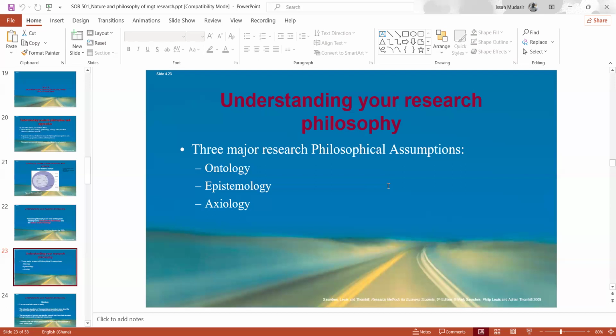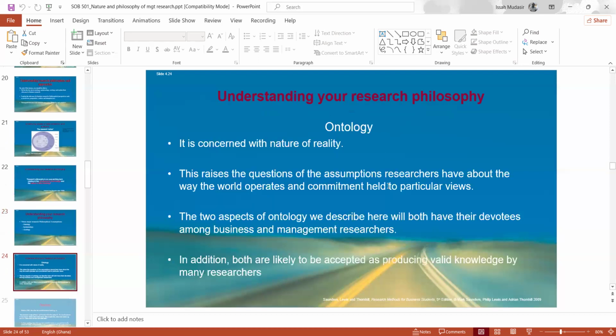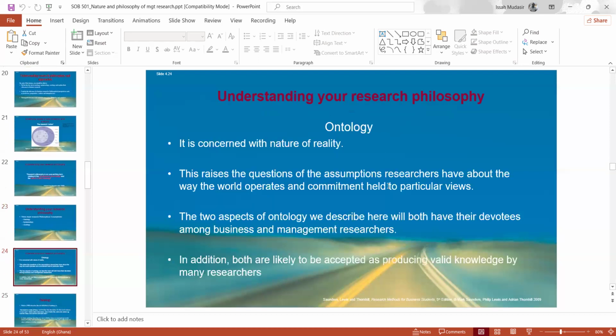Ontology, as I did mention, has to do with the nature of reality. People have different opinions when it comes to reality. One of the issues about reality has to do with the existence of God. If you ask the question, does God exist?